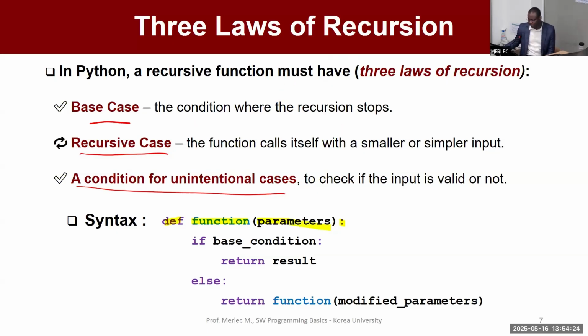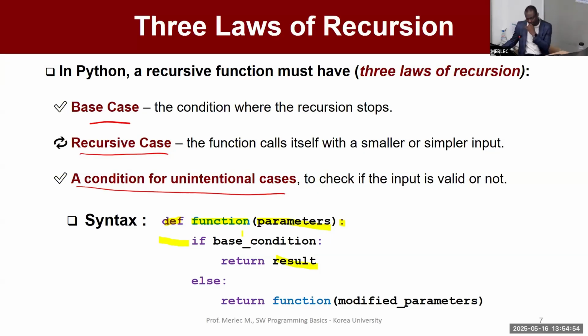Everything coming after this colon will be indented. So that's why you can see here you have the indentation, and then you have the body of the function where you need to set the base case and the recursive case. So if the base case condition is met, you will return the result. This will be the base case.